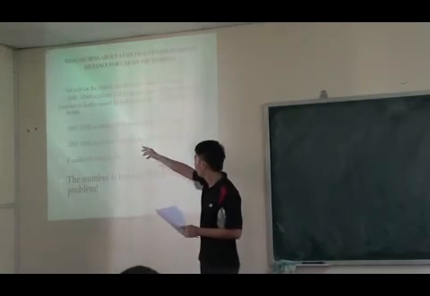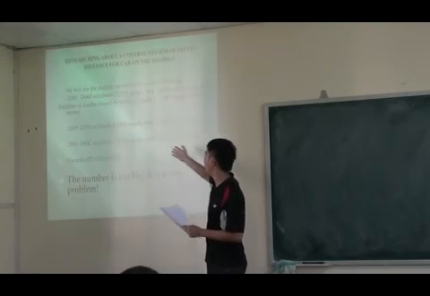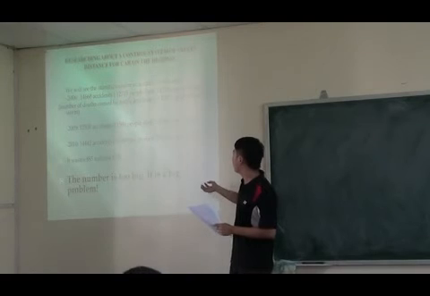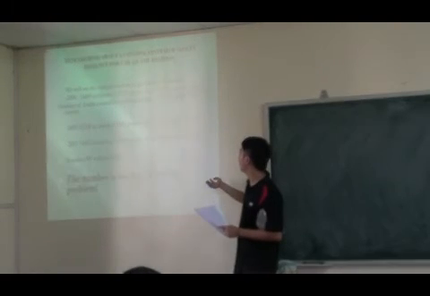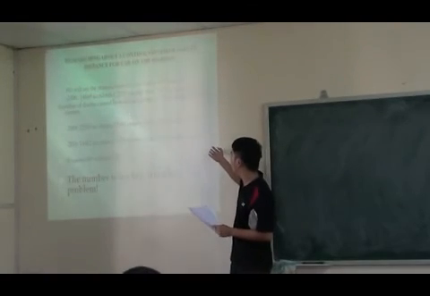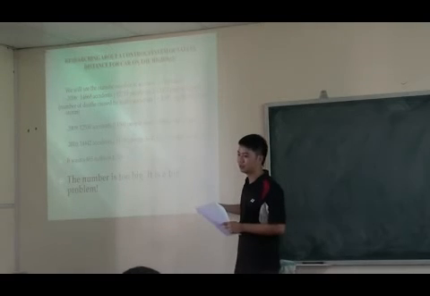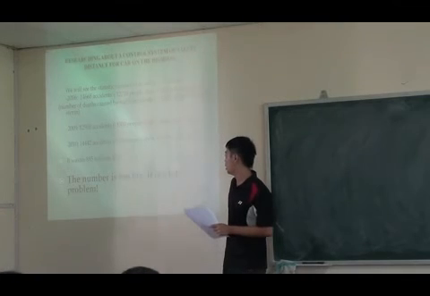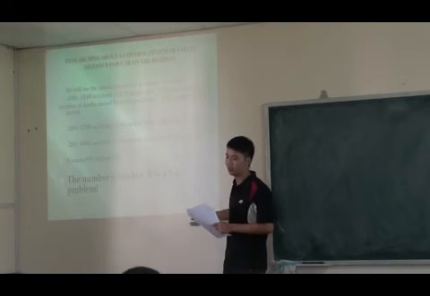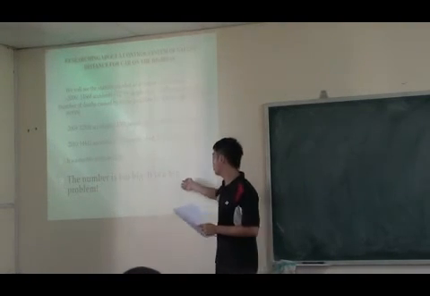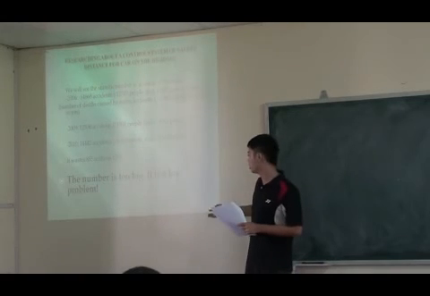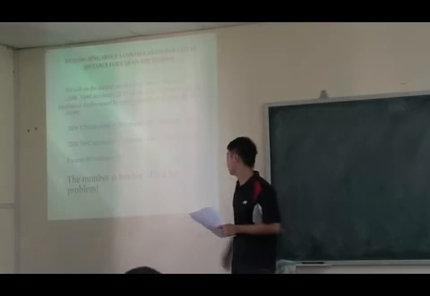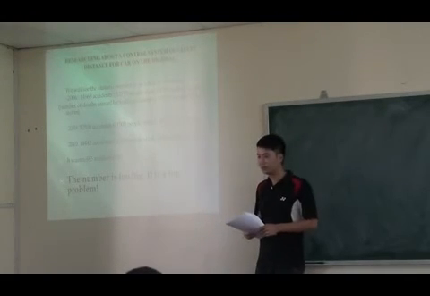The number of people who died in traffic accidents is higher than the number of people working in sport in Vietnam, and it costs 885 million dollars. So the number is too big and it's way too much money.